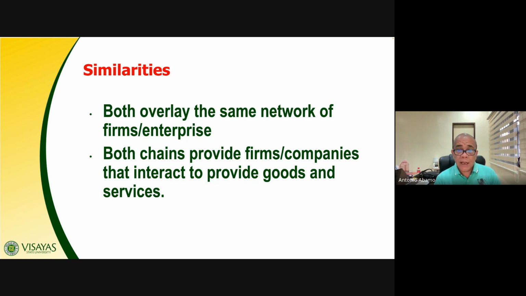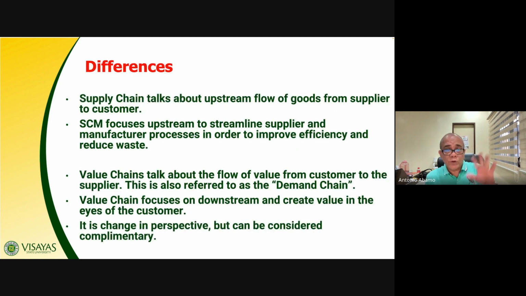When the value chain has a well-defined demand or product specification, the supply chain also makes sure that what is demanded by the customer will go to the customer at the cheapest possible cost, or I would say at the most efficient route within the logistics chain. So those are similarities.